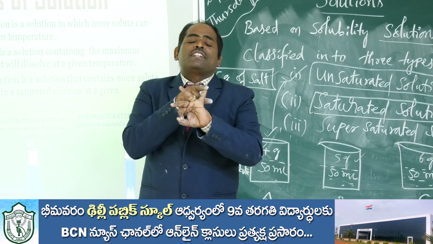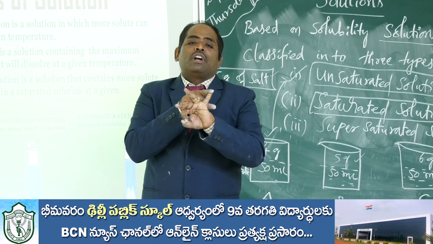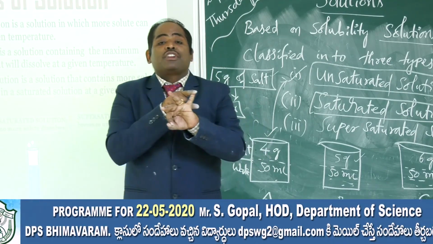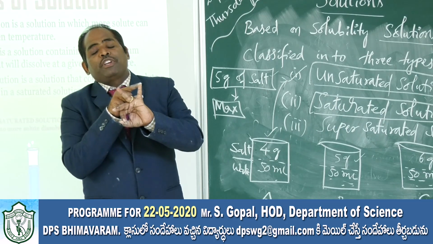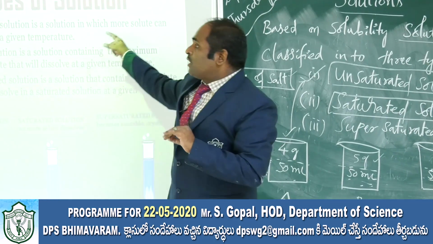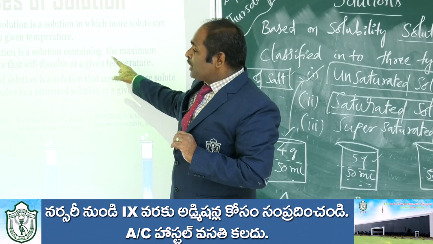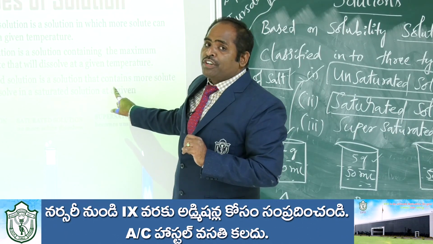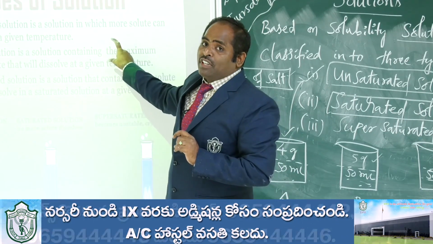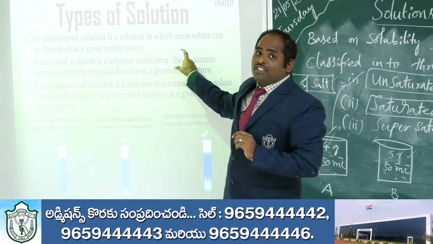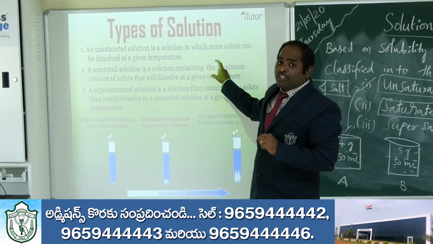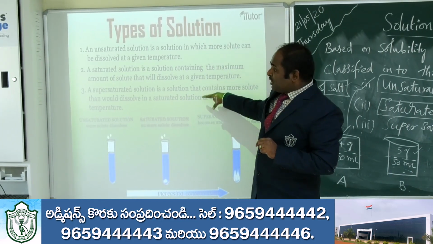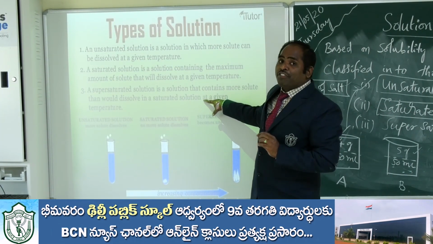Now the liquid solutions are further classified into 3 types based on the solubility. Binary solutions of liquid have 3 types based on solubility: unsaturated solution, saturated solution and supersaturated solution. This topic is especially for class 10 board examination students, those who are going to appear now. These 3 terms are very important definitions.